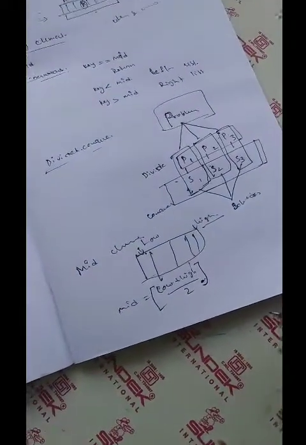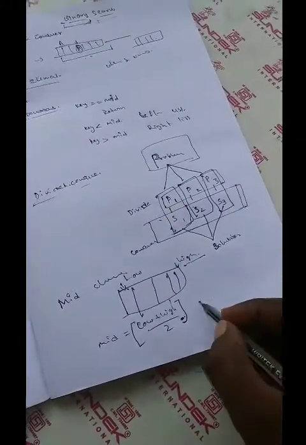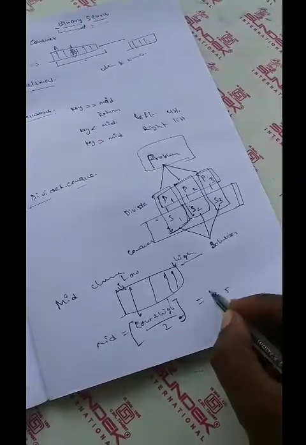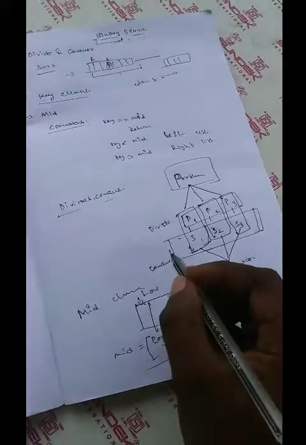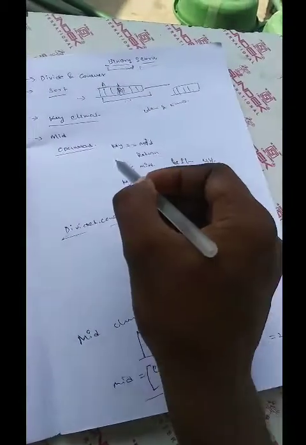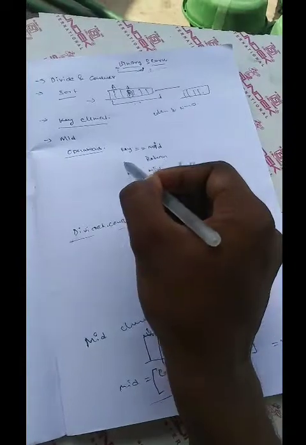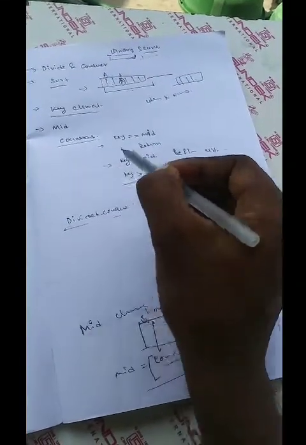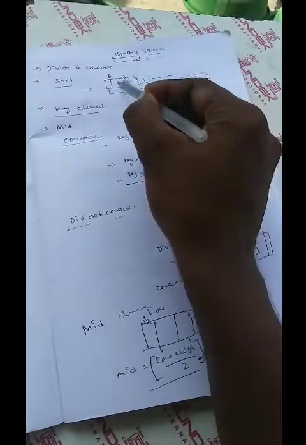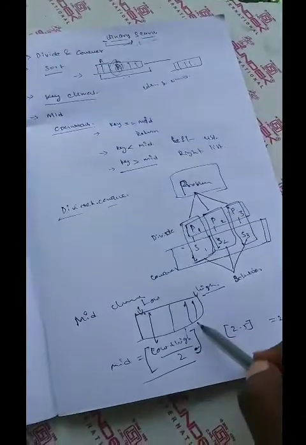Sometimes we may get 2.5; when we apply the floor, it should be 2. Likewise we calculate the middle of the elements and then apply the step by step procedure to find the key element in the given array.